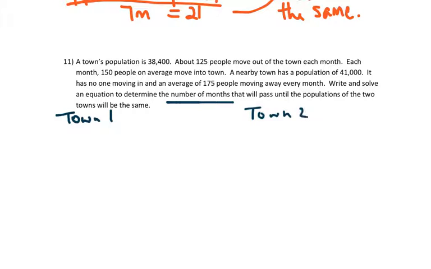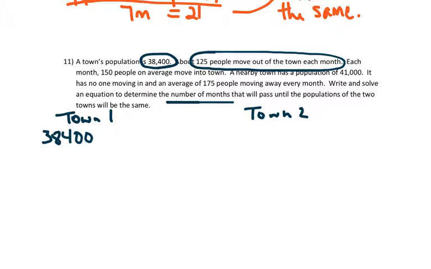In town 1, we start with 38,400. And it says that 125 people move out each month. So that means that we take away 125 people each month. So subtract 125m. But it also says each month 150 people move into town. So I would add 150m every month.